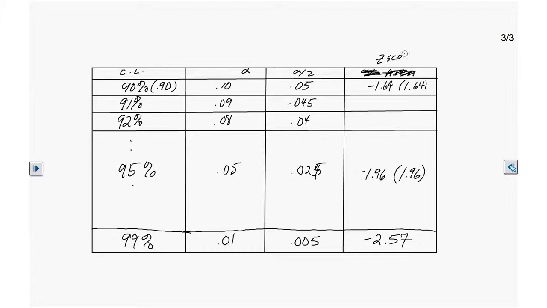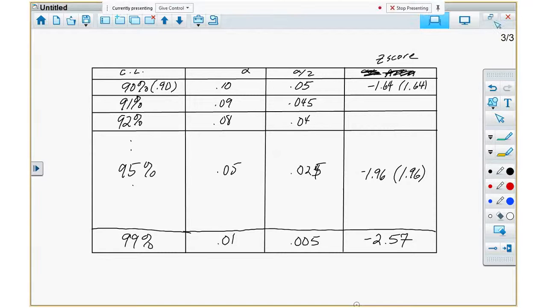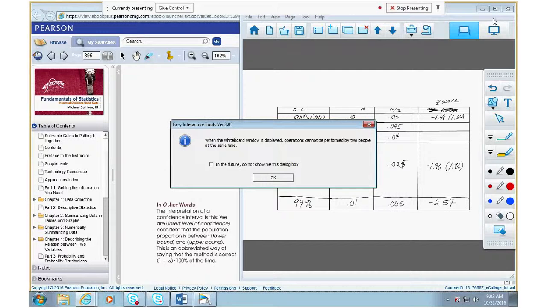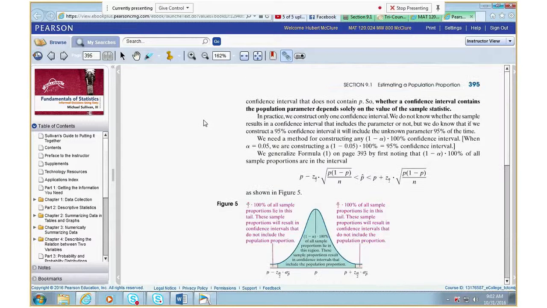Now, this is the funny part. In this section in chapter 10, it's going to be called the point estimate. I don't use that name.